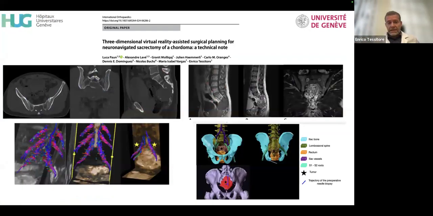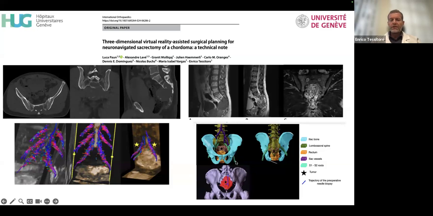Here are some complex cases at the level of the sacrum, where I do find the monitor-based augmented reality extremely helpful to achieve en bloc resection, safe en bloc resection, and stabilization if needed. Here, for example, a case of chordoma, and the DTI MRI was used to identify the lumbosacral plexus, and these images were used to build a sort of virtual pelvis.